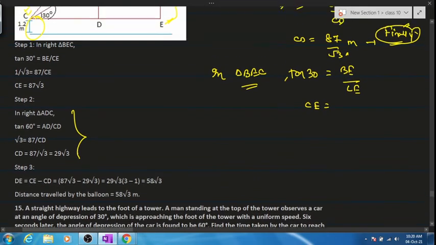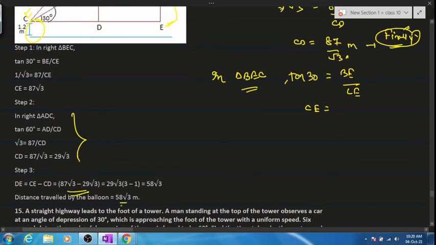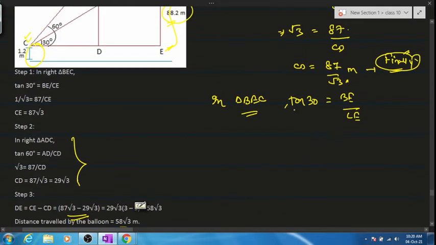Tan 30 is 1 by root 3. BE is equal to 87. Your CE comes out to be how much? 87 root 3. Clear?